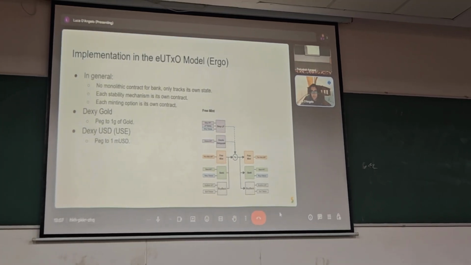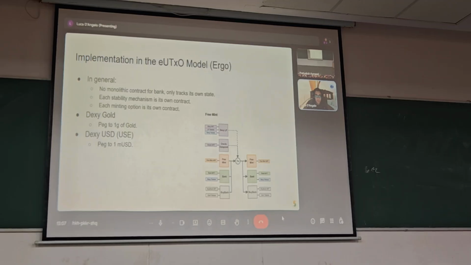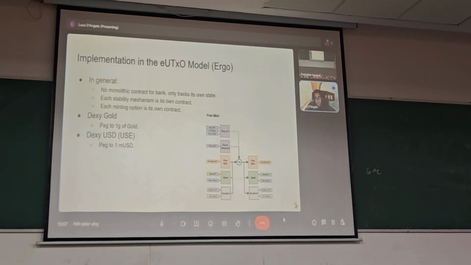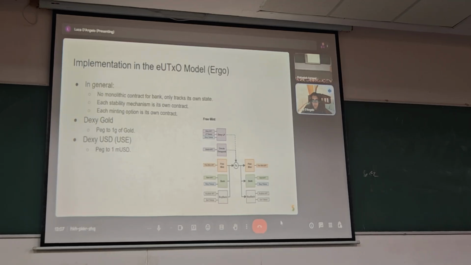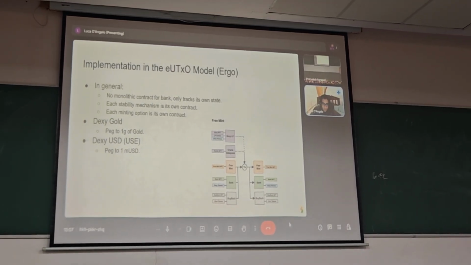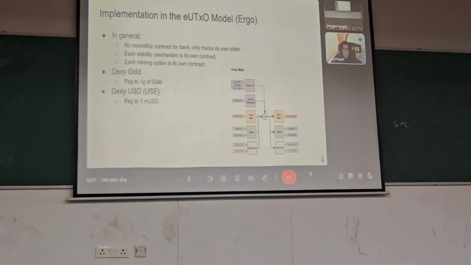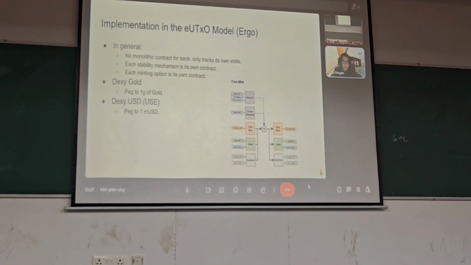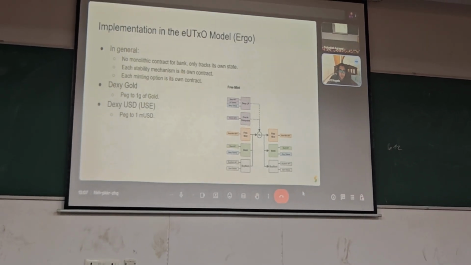Each stability mechanism has its own contract, as well as each minting option. So for example, here in this free mint diagram, you can see the bank, and each box there is a contract. The free mint action and all logic associated to that is in the contract. So it's like separation of concerns in software development. Even though it's more complicated because you have more contracts, each one is simpler.